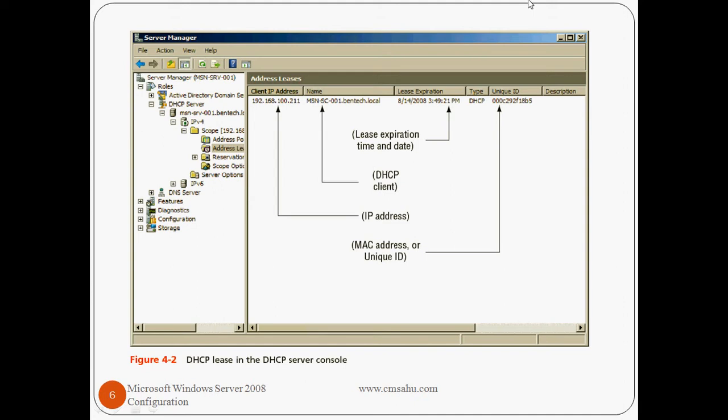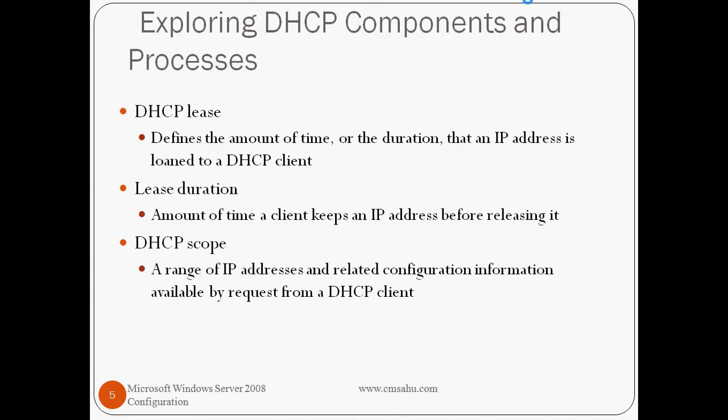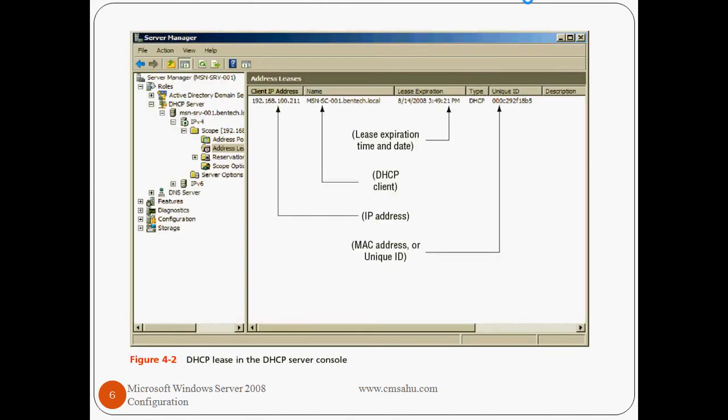But guys, before you begin configuring your DHCP server, verify that you're familiar with DHCP components such as scope, lease and option. Scope, lease and option. And this picture shows one of the clients and the leased address. If you see here, this is the name of the client, this is the IP address, and this is the MAC address.